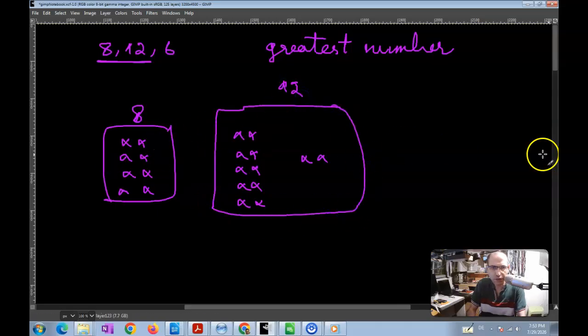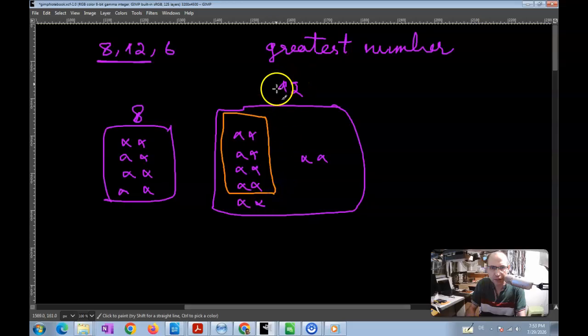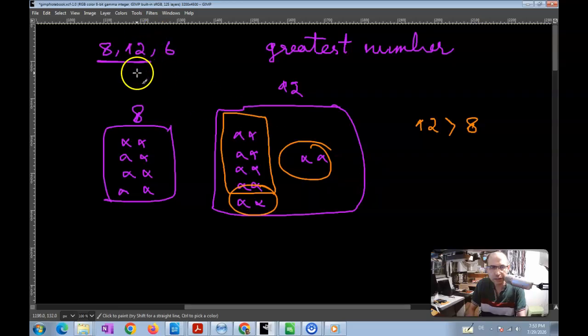And now I can compare. I can say that I have 8 beats over here, these are my 8 beats, and it seems that this number has 2 and 4 beats more than this number, which means that 12 is greater than 8. And in the exact same way, 12 is so far the greatest number.